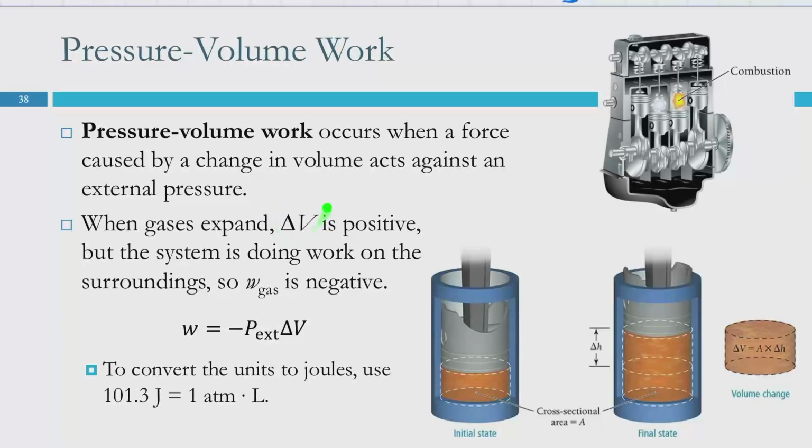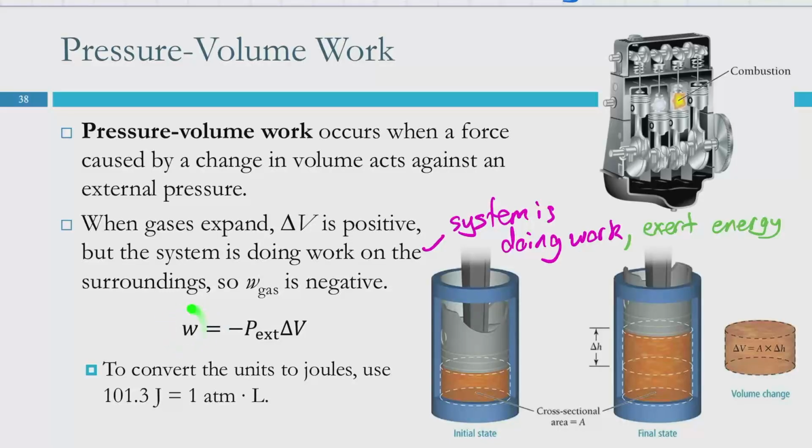So when gases expand, our change in volume is positive, but the system is doing work on the surroundings. Anytime that you do work, you are exerting energy. And so the work is negative external pressure times the change in volume.